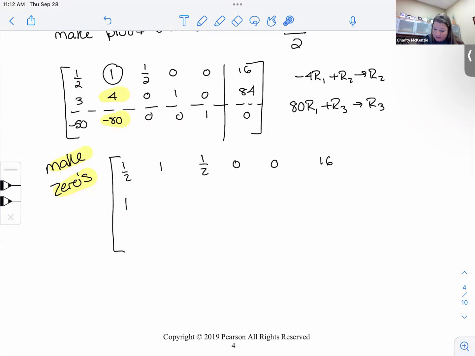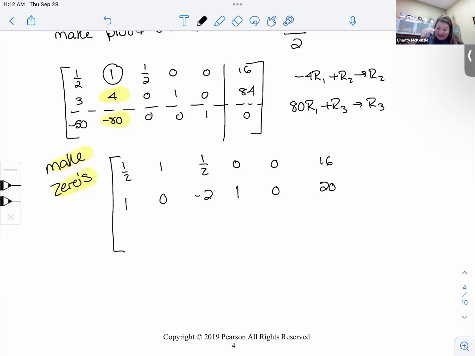Yeah, you can use your calculator for this little part, no problem. -4 times this plus that is a 0. And then the 1/2 is -4 times 1/2, which is -2, plus 0 is -2. And then this one stays a 1 because 0 times anything plus 1, and 0 times anything plus 0. And then this one becomes a 20. Okay, check that out. We're done.